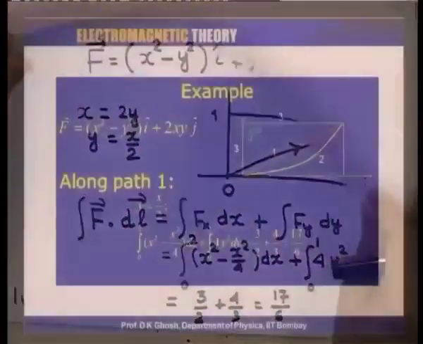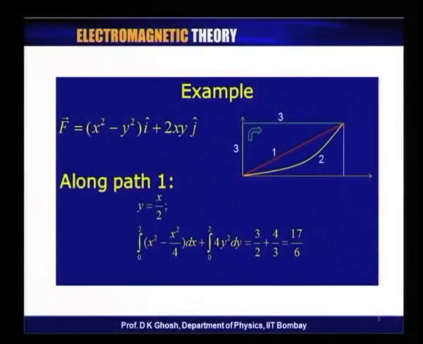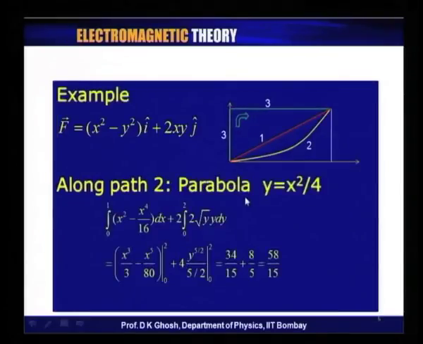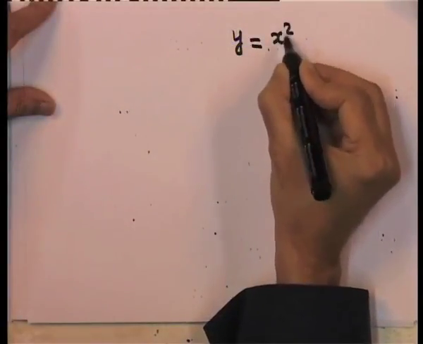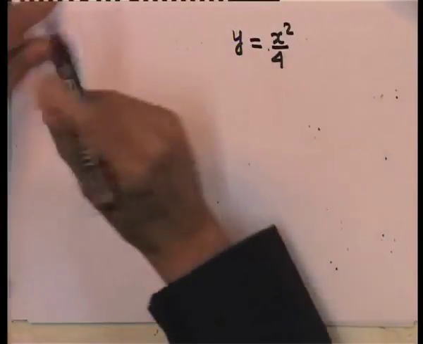Now, let us compute the work done along this curve 2. Now, I have taken the curve 2 to be a parabola. And my equation of the curve 2 is y is equal to x square by 4. I have given this.